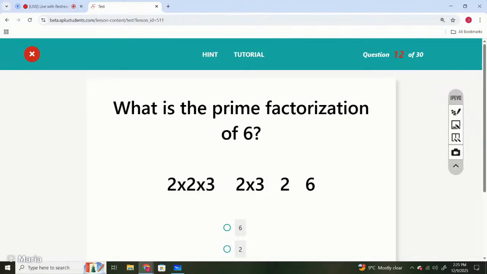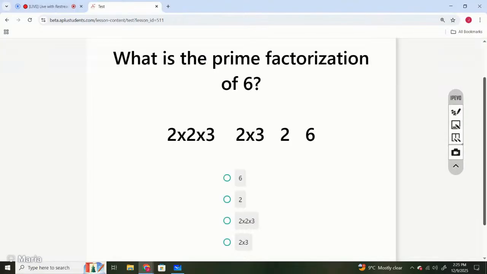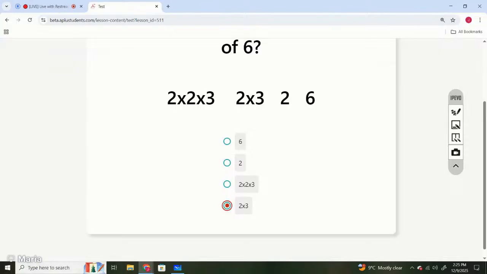What is the prime factorization of 6? That is 2 times 3. Option number 4 is the correct option.